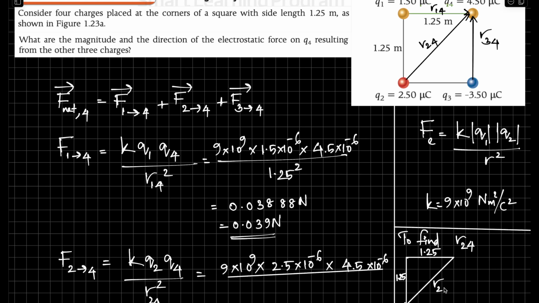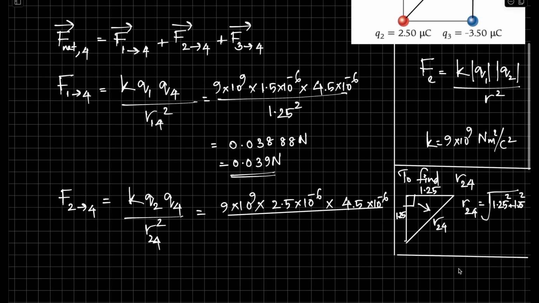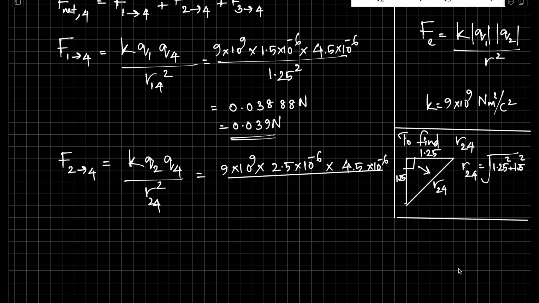We need to find R24, which is this side. So it's the hypotenuse, the side opposite to the 90-degree angle. Let's use the Pythagorean theorem. R24 equals the square root of 1.25 squared plus 1.25 squared. If you do that, you'll get 1.7 meters.